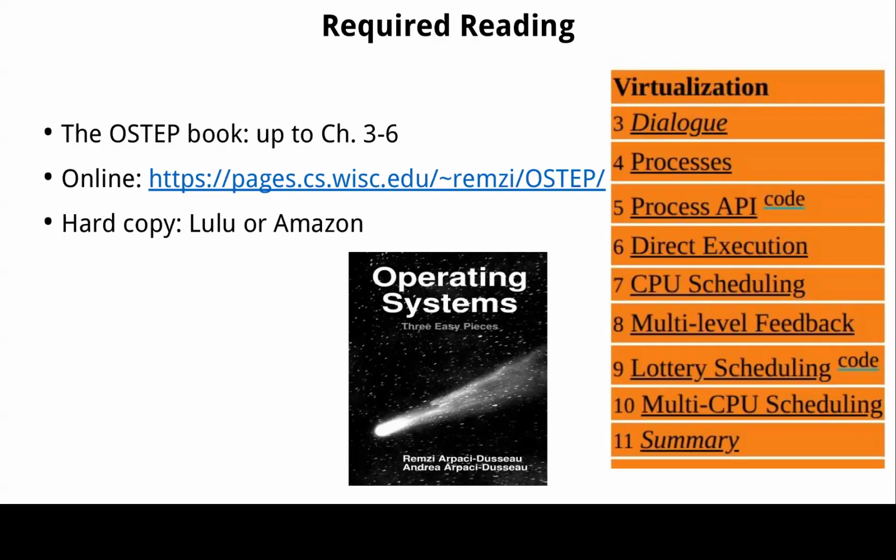The book is free online. If you want to get a hard copy, you can get one from Amazon. In particular, you are going to read those chapters this week. All of those chapters fall under the piece of virtualization. You're going to read about processes and the process API.